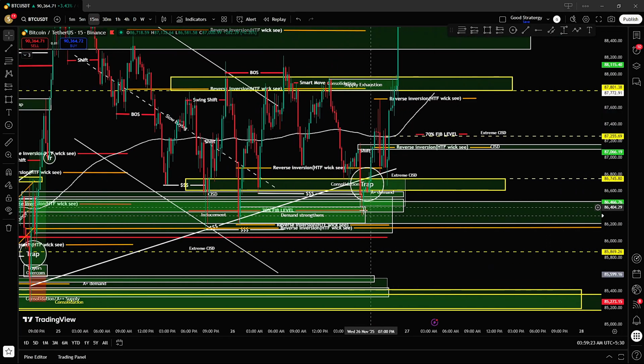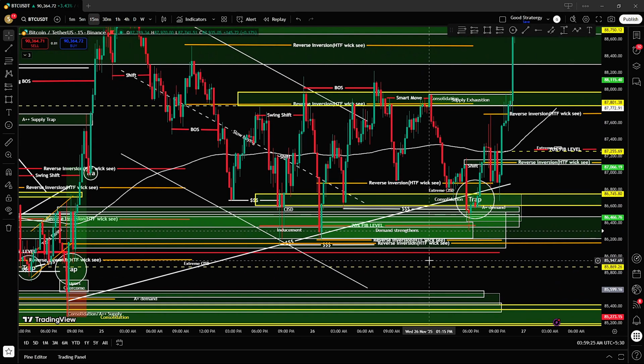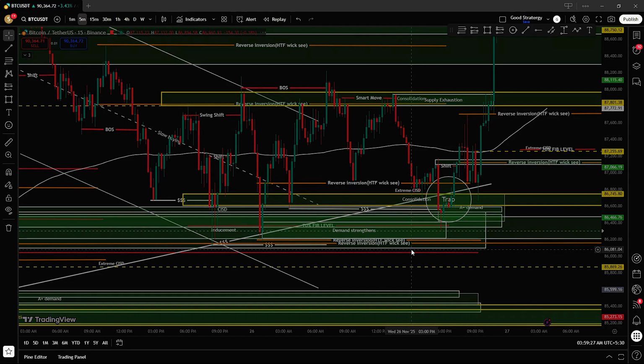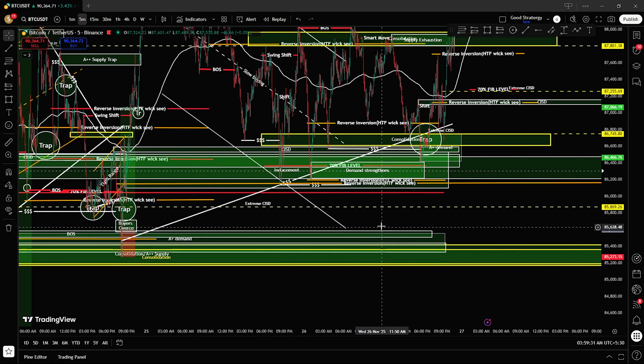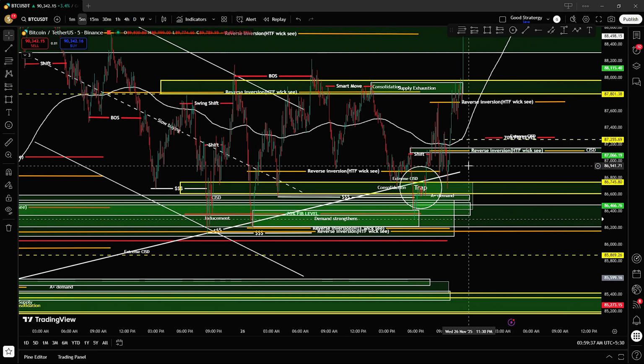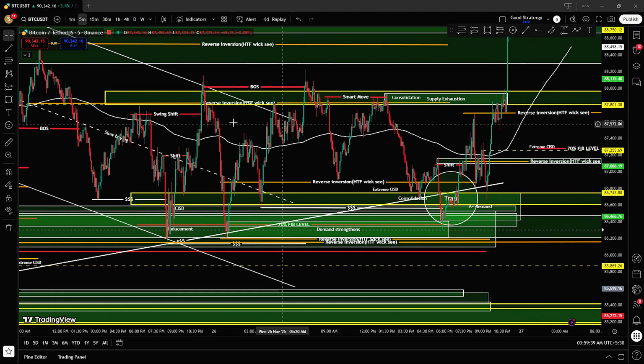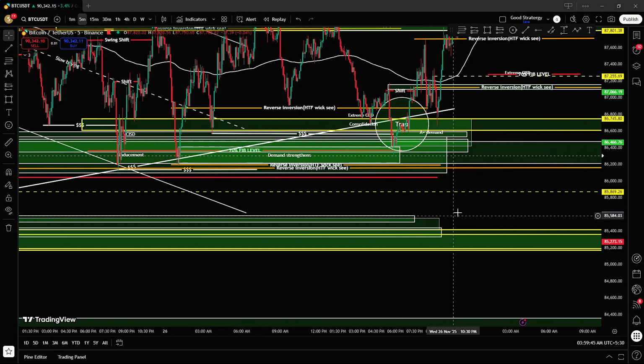And as the market structure was so perfect, it made me miss this trade which I had planned yesterday. I would have gotten a trade right here, but the swing shift and the break of structure didn't really let the market go here.